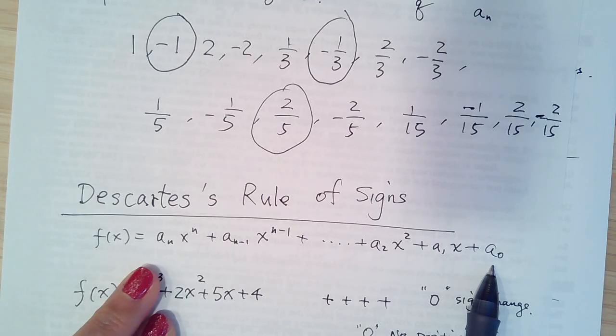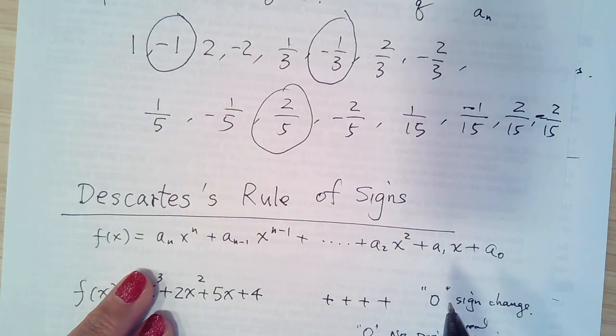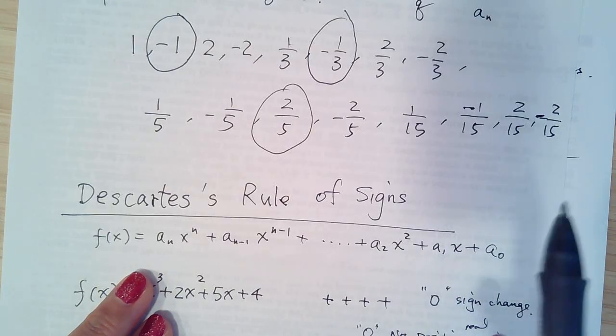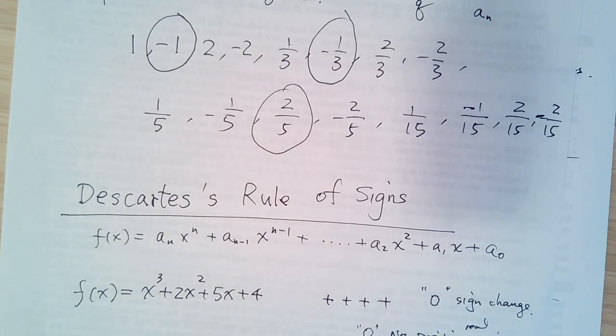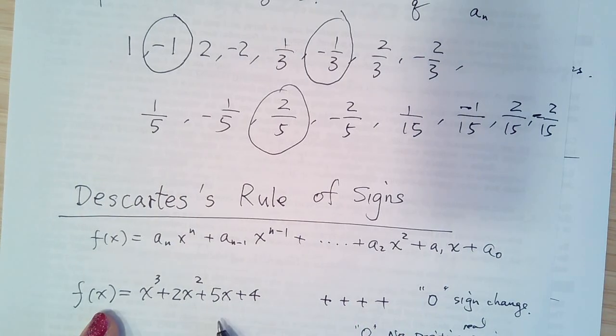The number of positive zeros is either the same as the number of sign changes of f of x, or less than it by an even integer. That means reduce by 2 each time.